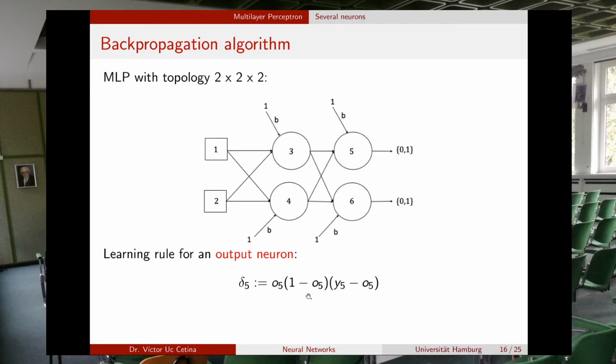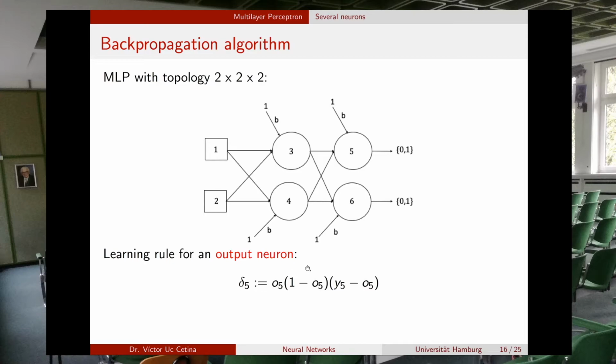So this comes from the derivative of the activation function. If you decide to use, for example, hyperbolic tangent instead of sigmoid, then this rule is going to change. If you want to work with different activation functions, you need to compute the derivative of that function, so you get your new way to compute the delta of any of the neurons.